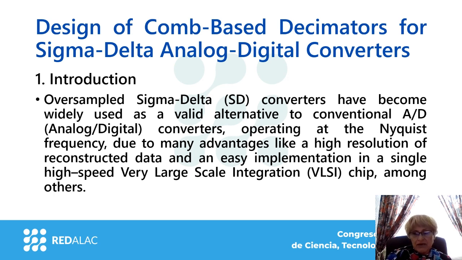Oversampled sigma-delta converters have become widely used as a valid alternative to conventional AD converters operating at the Nyquist frequency. There are many advantages, like high resolution of reconstructed data and an easy implementation in a single VLSI chip, among others.